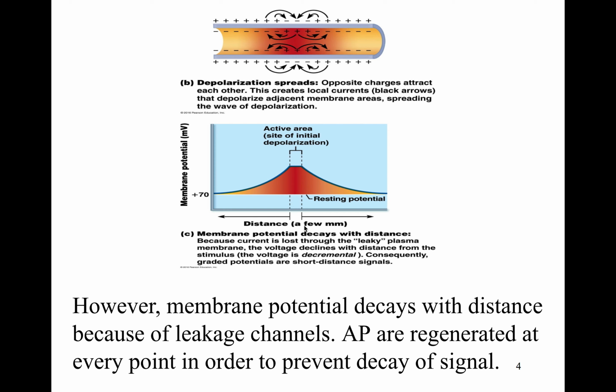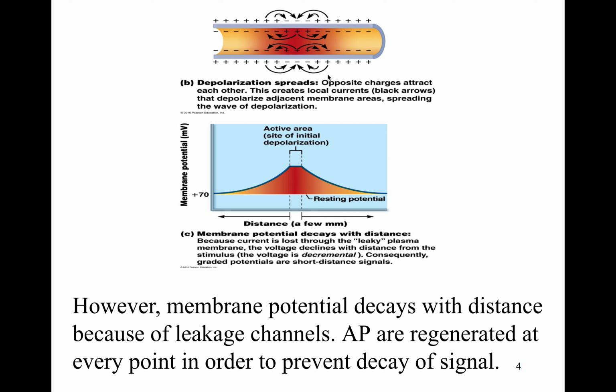We don't want this to happen in an action potential. We don't want that signal to decay. So to prevent this, we're going to have an action potential regenerated at every single point along that axon. When this region here is depolarized and those positively charged ions move to the adjacent negatively charged membrane, it's going to cause that adjacent membrane to come to threshold.